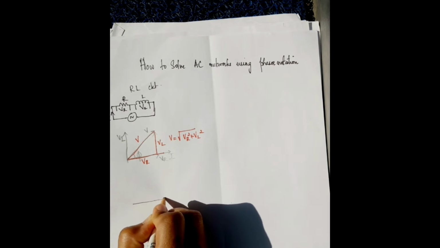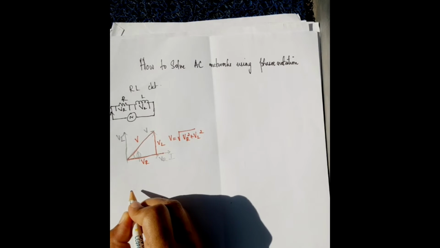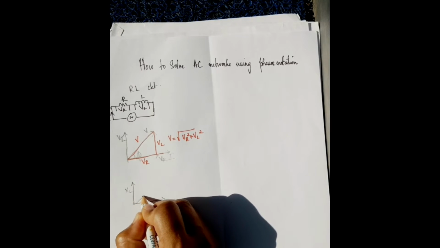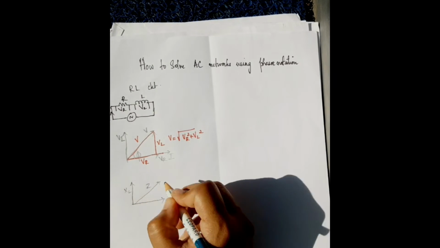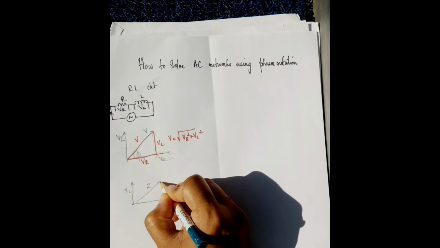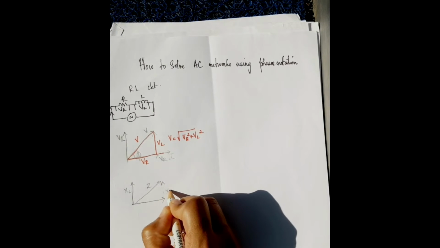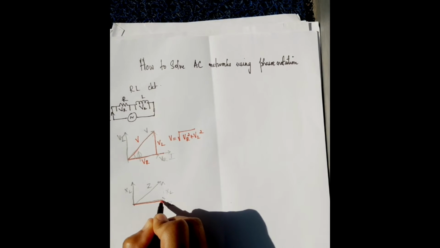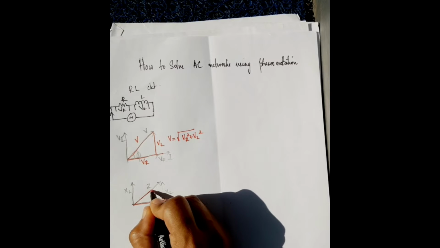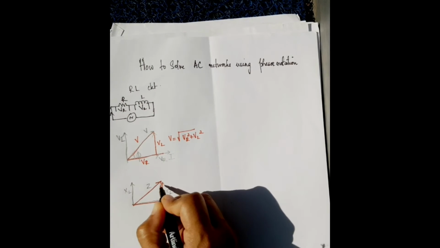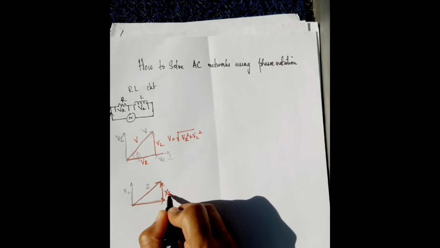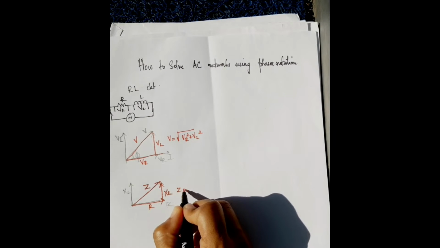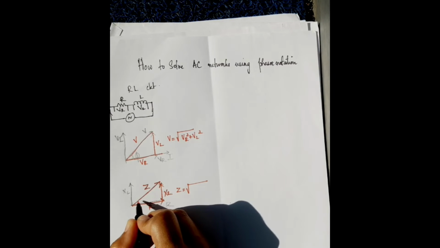Similarly, we can form the impedance triangle by forming the impedances alone: resistance, XL and Z. This is the impedance triangle: resistance, and 90 degrees out of phase is the reactance, inductive reactance XL, and the resultant is the impedance Z. We can find it by root of R square plus XL square.